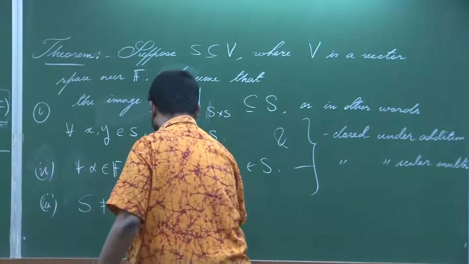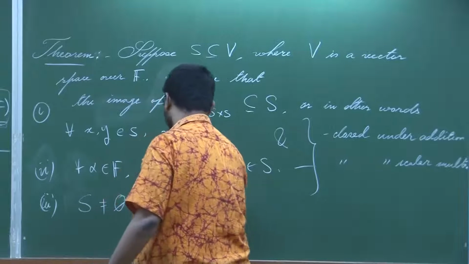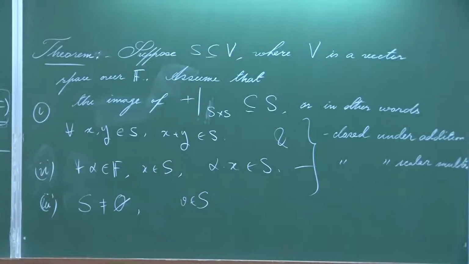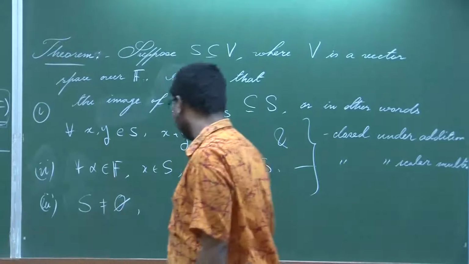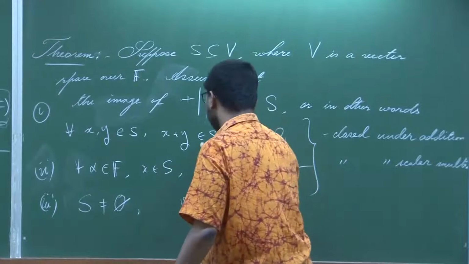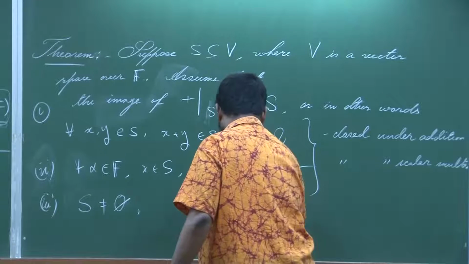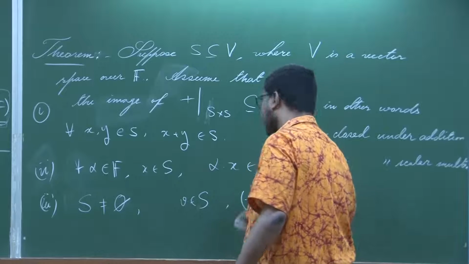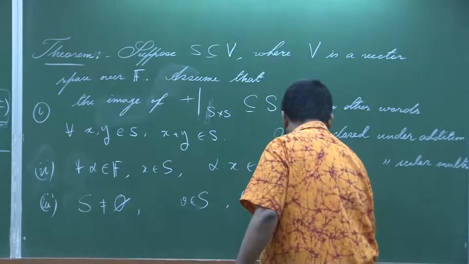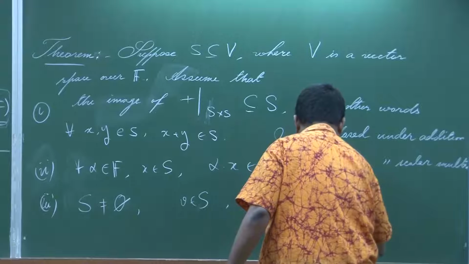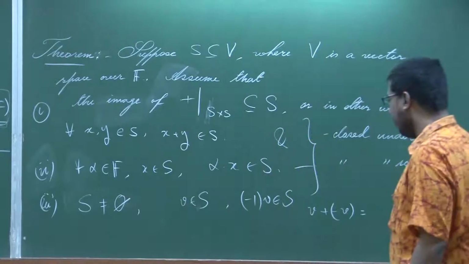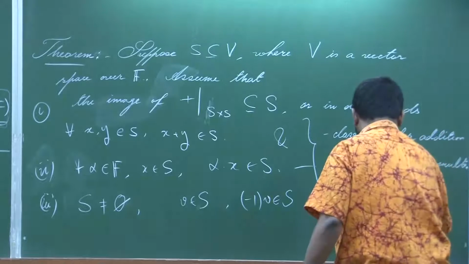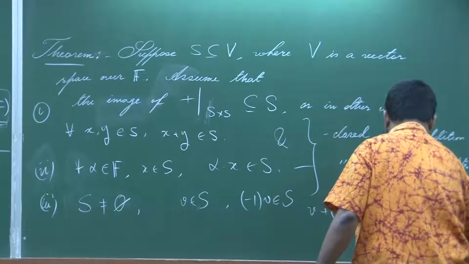Why? Because S is non-empty means there is some v in S. Okay. Then, since this is closed under scalar multiplication, minus 1 times v also lies inside S, and so does v plus minus v. What is that? 1 times v plus minus 1 times v.